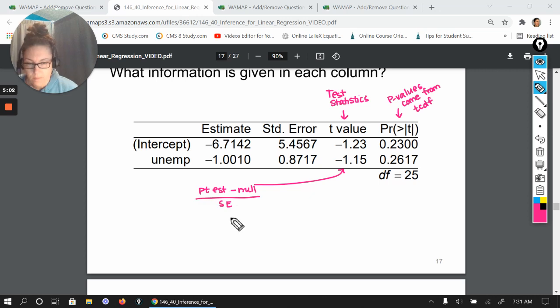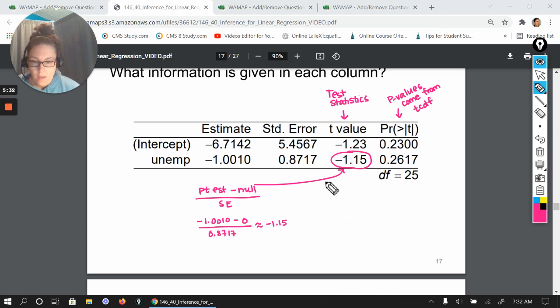So this would be negative 1.0010 for the slope, the second row, minus 0, divided by the standard error, which is 0.8717. And that gives us approximately negative 1.15, which you see here.